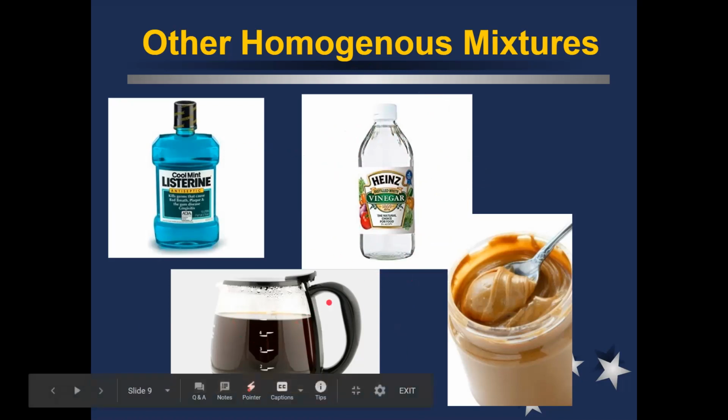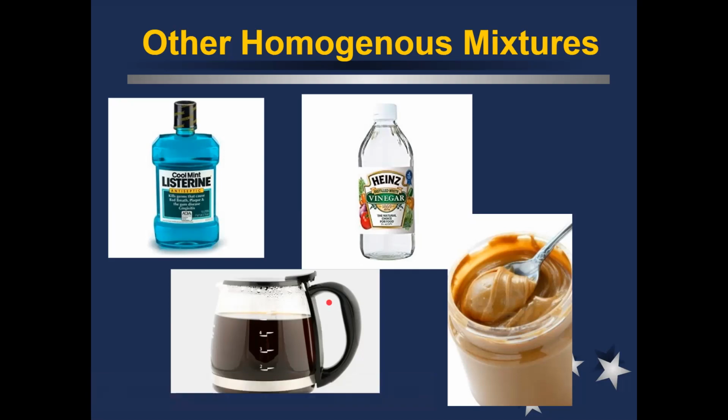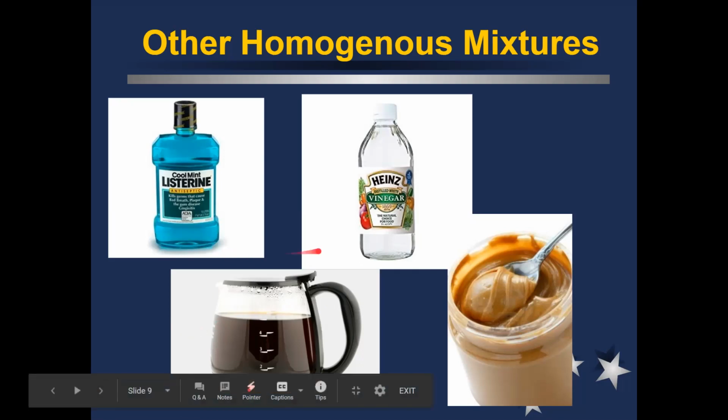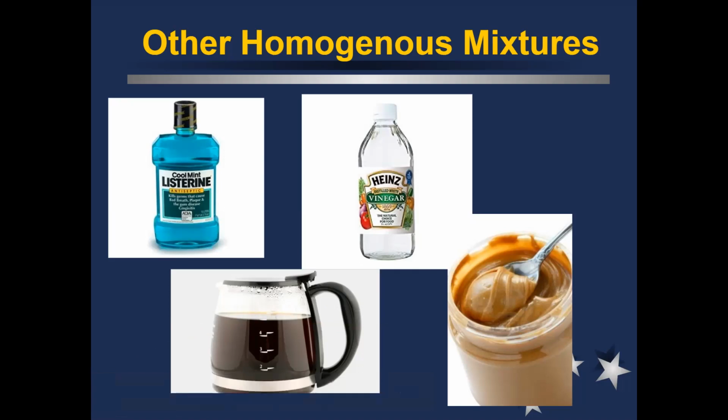Same thing with coffee, specifically from like a drip, like a normal drip coffee maker, because all of the coffee bean particles have been held up by that filter paper, at least they should be if it's doing its job. So the only things that should be dripping down into your coffee pot should be the hot water and all of the coffee flavors and caffeine that it took out from the coffee beans.